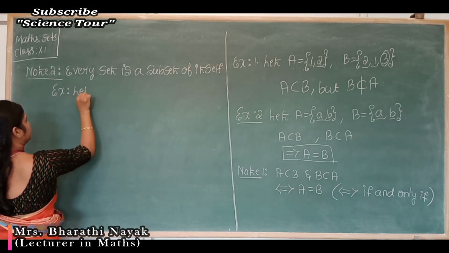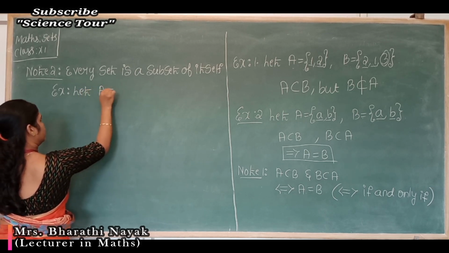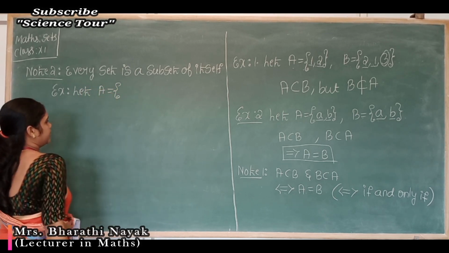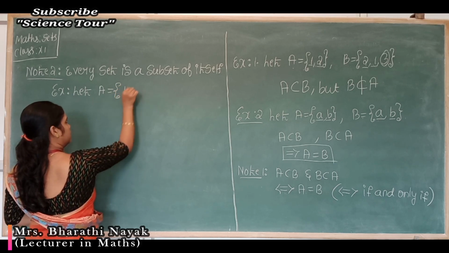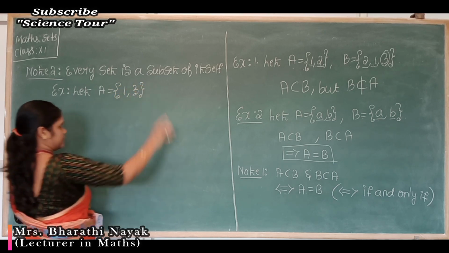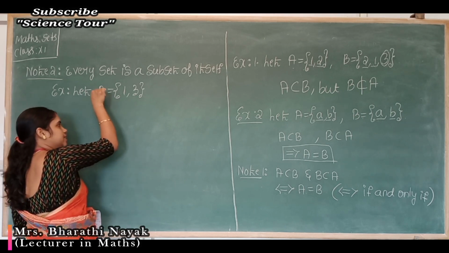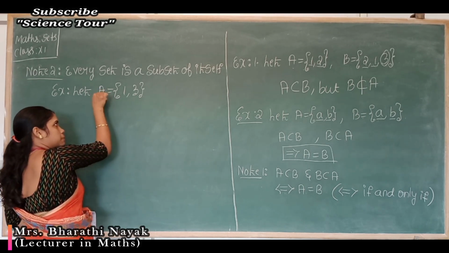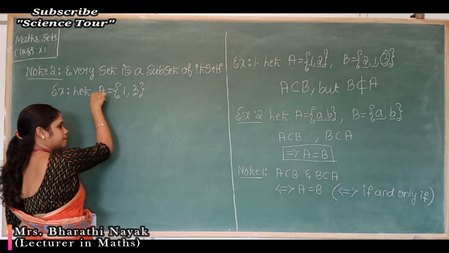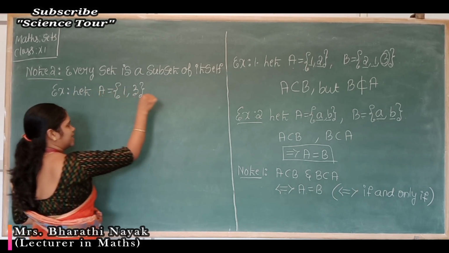Let A equal to the set containing 1, 3. Now can you say this set A is a subset of the same set? See, I will write this set once again.